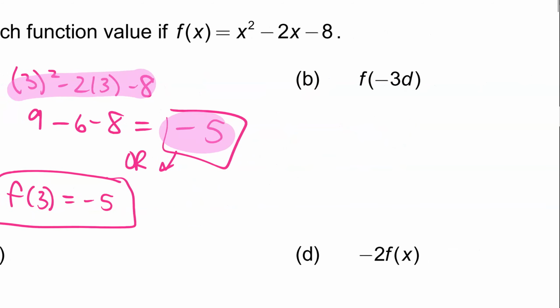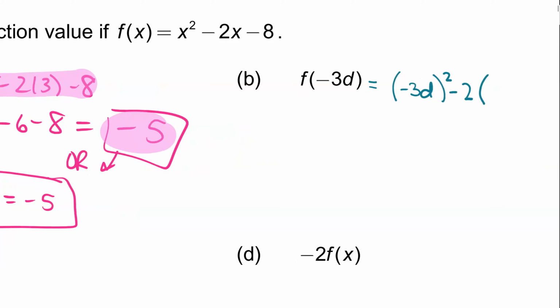Okay, cool. So I'm plugging in negative 3d everywhere there was an x. If I'm going too fast, just tell me to slow down. Ask me nicely. Okay, so negative 3d squared, I have to distribute the squared because it's 3 times negative 3 times d.